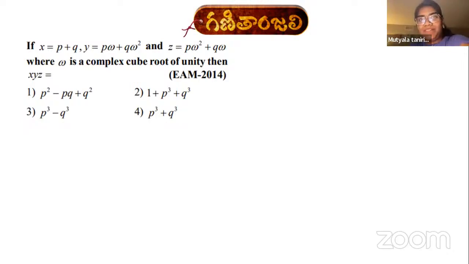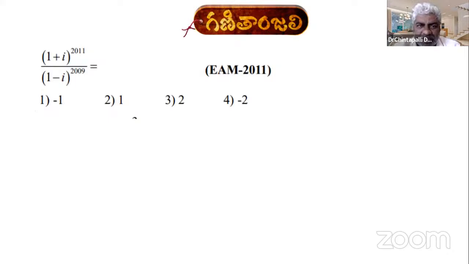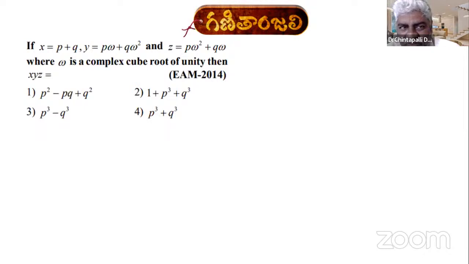Everything is omega in the question. Students, take a screenshot of these sums and do them as homework. Try the sums. Answer these three questions and tell the options in the comments of this video, as homework.